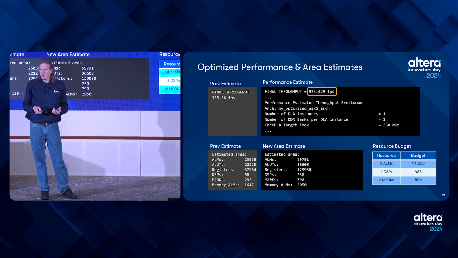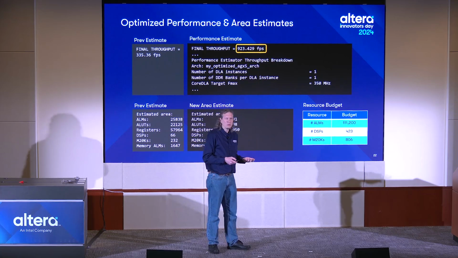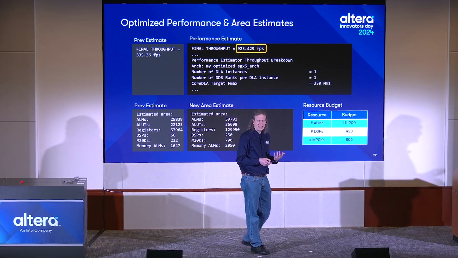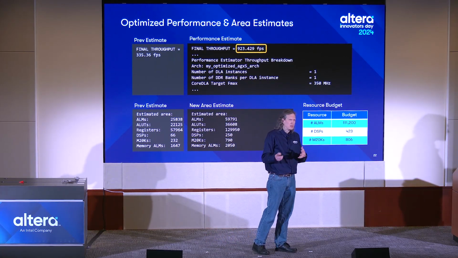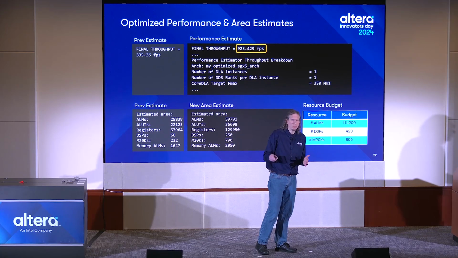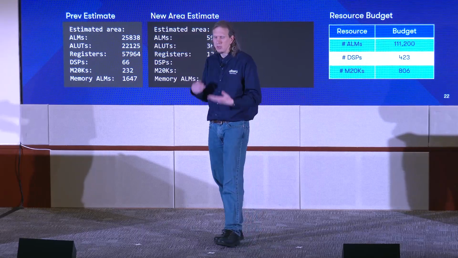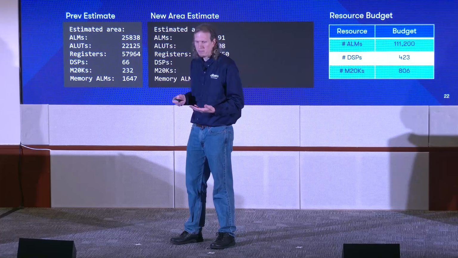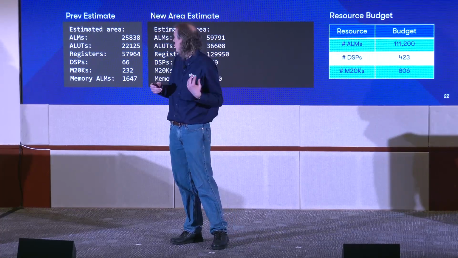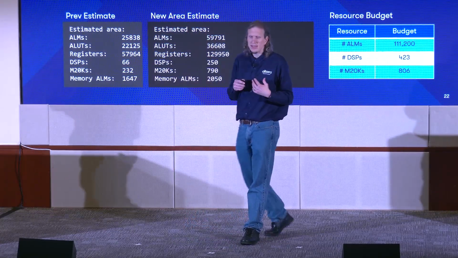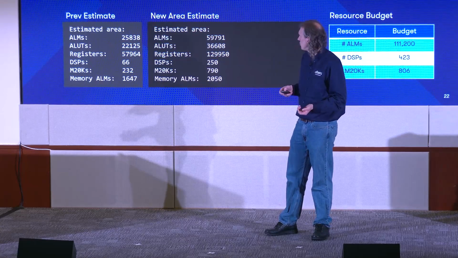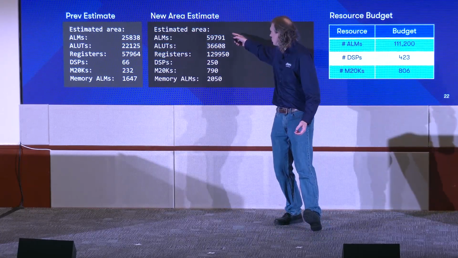In the area estimate shown here, we've disabled the unused modules that were previously listed in the model analyzer report. Disabling these modules does not affect the performance of the graph, but it does reduce the area consumption of the IP. Comparing the old area estimate and the new, we can see that the area has increased by roughly 2x to 3.5x, depending on which resource we're interested in.